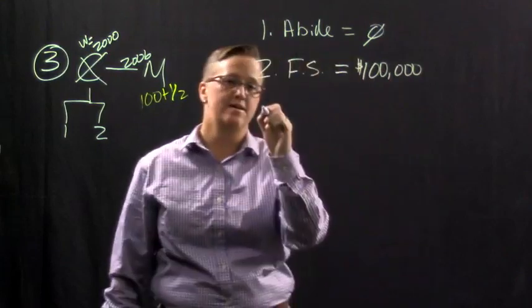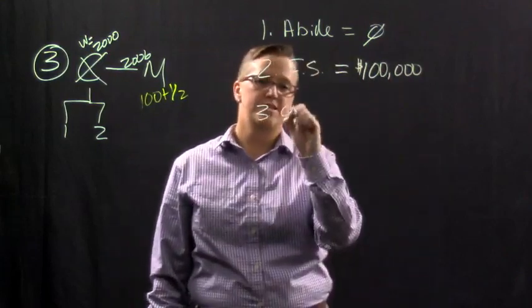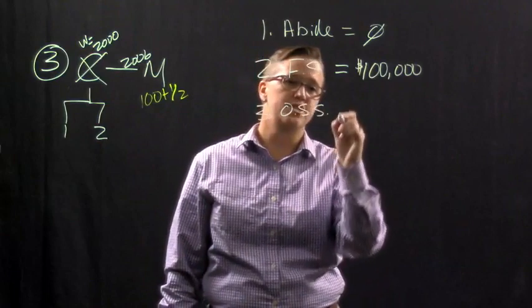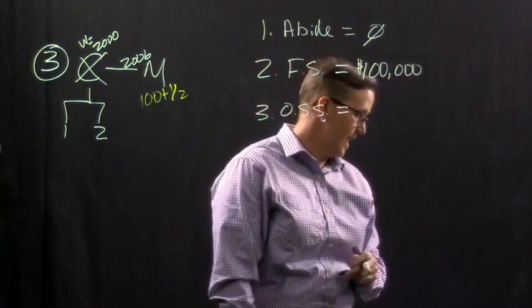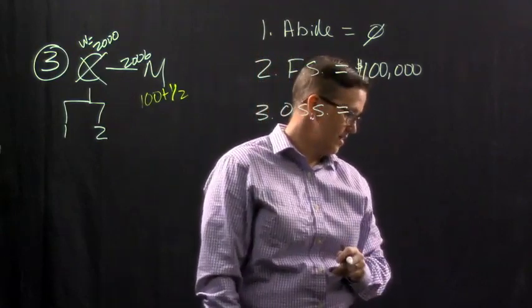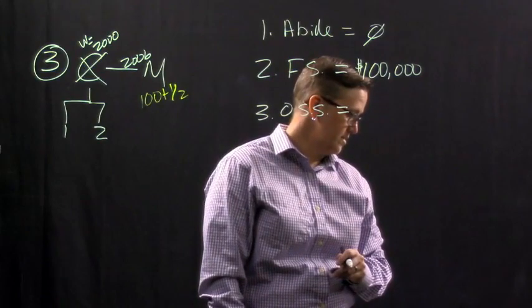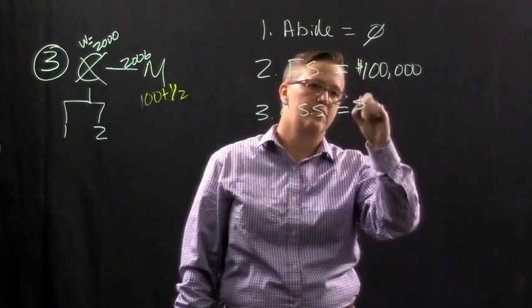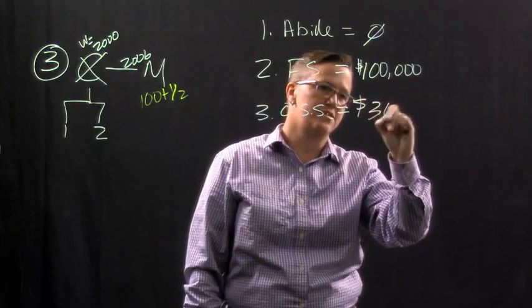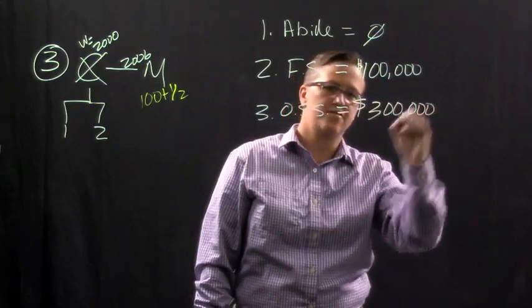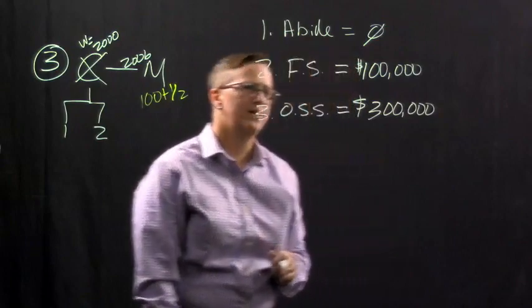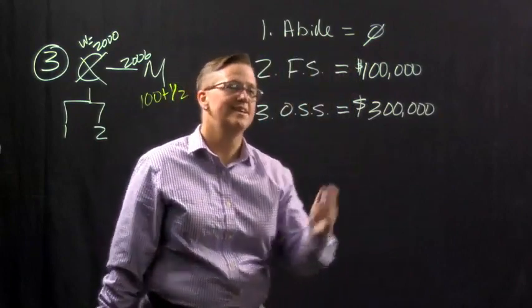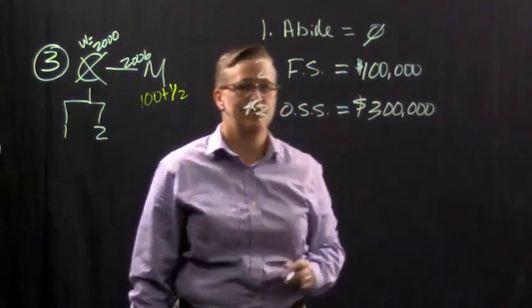And 3, her omitted spouse's share, which we're pretty sure she'll qualify for, and we calculated that to equal $300,000. So which option is Molly going to take? She's definitely taking the omitted spouse's share.